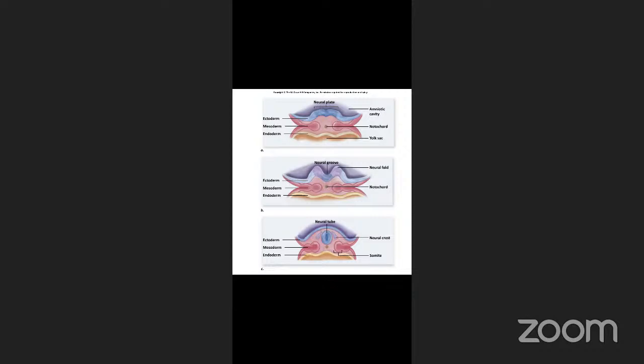And in the mesoderm, this notochord will form a spherical structure, and at the center you have the notochord. And once it invaginates the neural groove, it finally forms a neural tube, and on both sides of the neural tube we have neural crest, and on the two sides of the notochord they form somites.